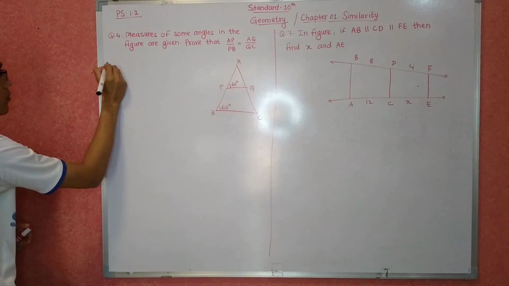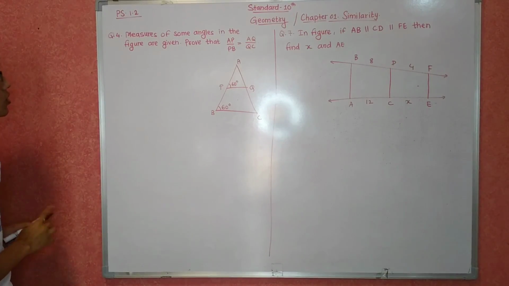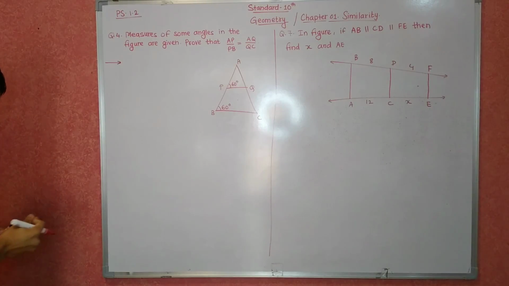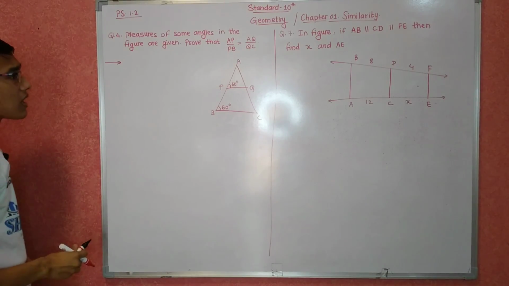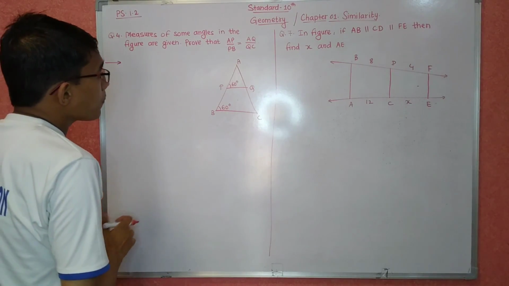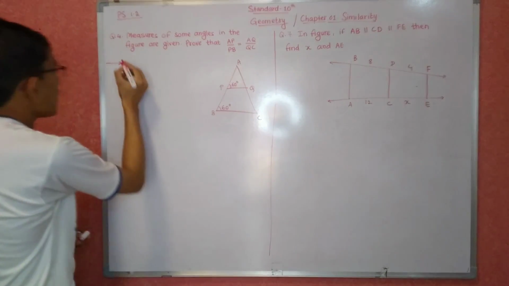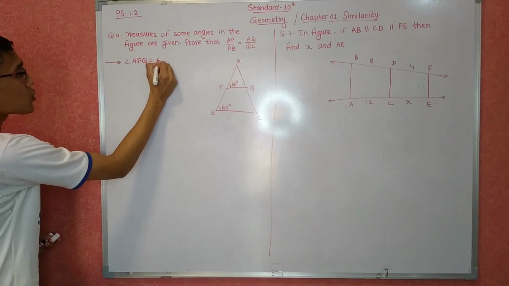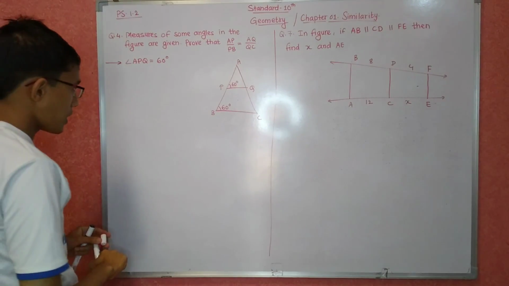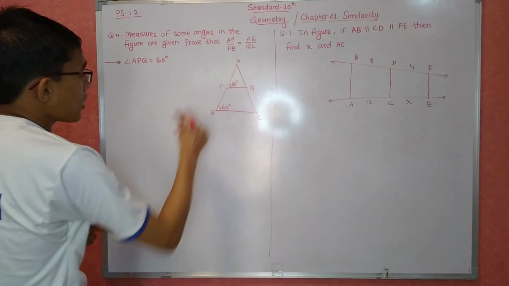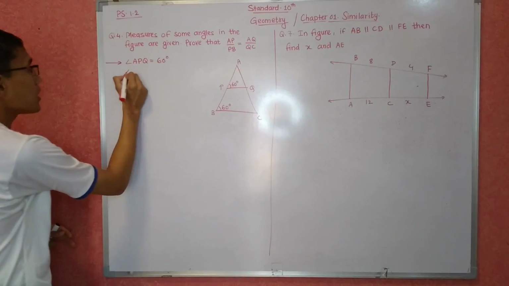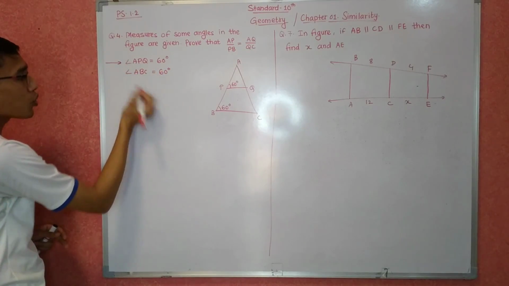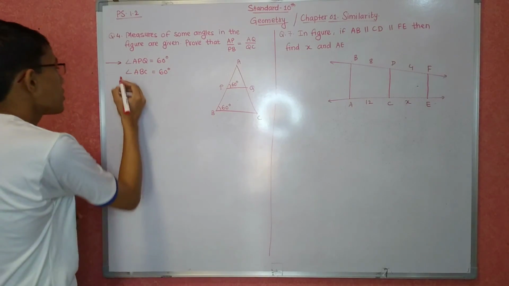Okay, so we can see here that angle APQ is equal to 60 degrees. Then angle ABC is also 60 degrees. That means both the angles are congruent.